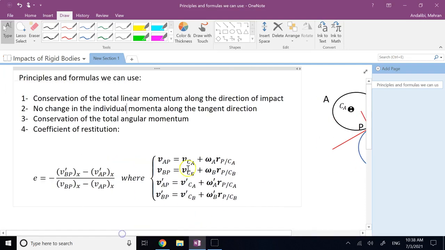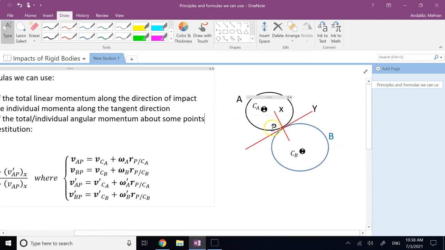So we call it conservation of the total angular momentum, and in specific cases it could even be individual angular momentum about some points. Now, which points are typically candidates?